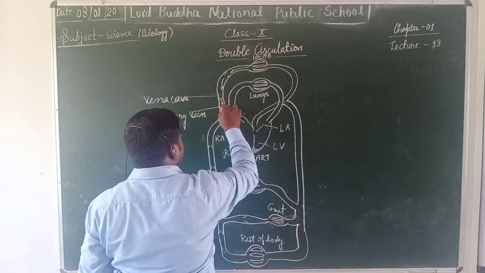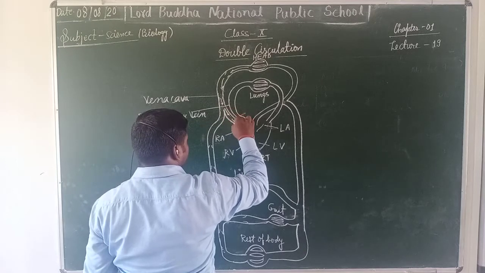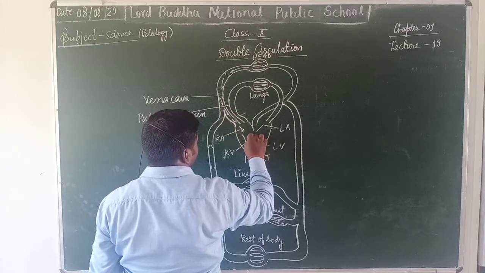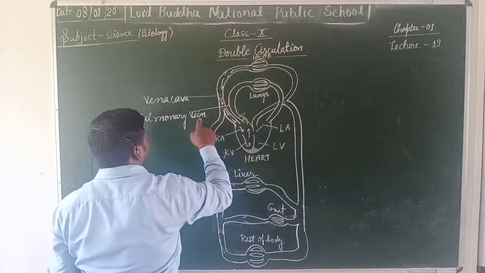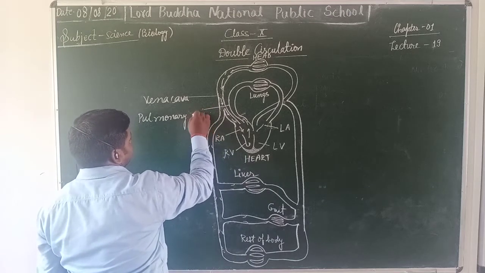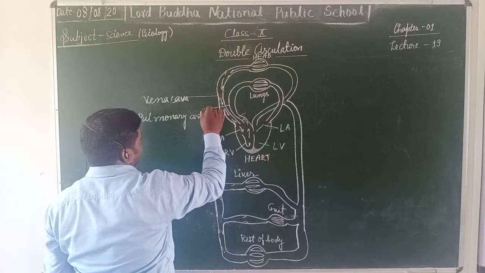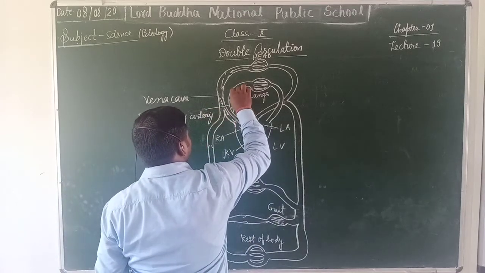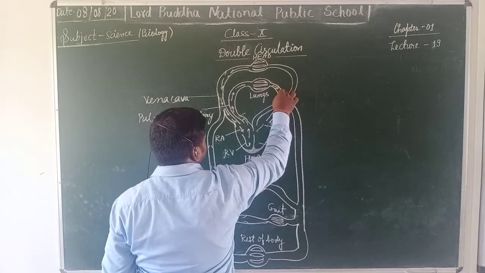Now the deoxygenated blood from the whole body enters into the right atrium, and from the right atrium it passes with the help of the pulmonary artery to the lungs, because the pulmonary artery always carries deoxygenated blood.